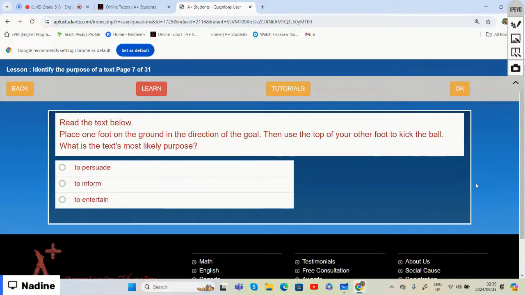It says place one foot on the ground in the direction of the goal, then use the top of your other foot to kick the ball. What is the purpose? So is that to persuade readers, to inform readers, or to entertain readers?